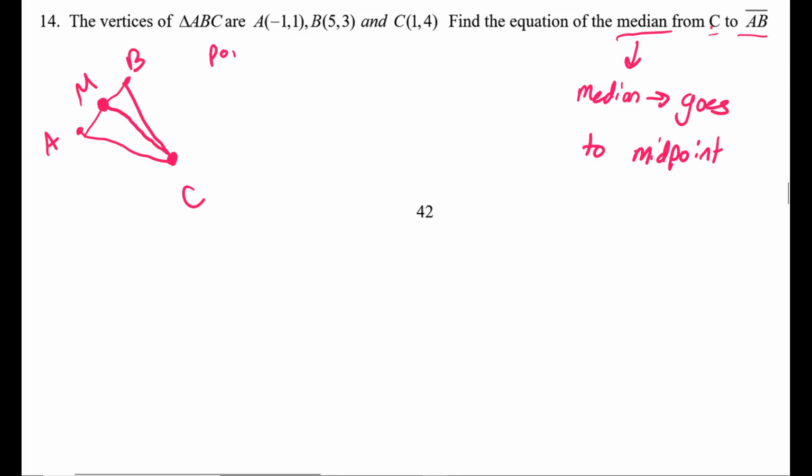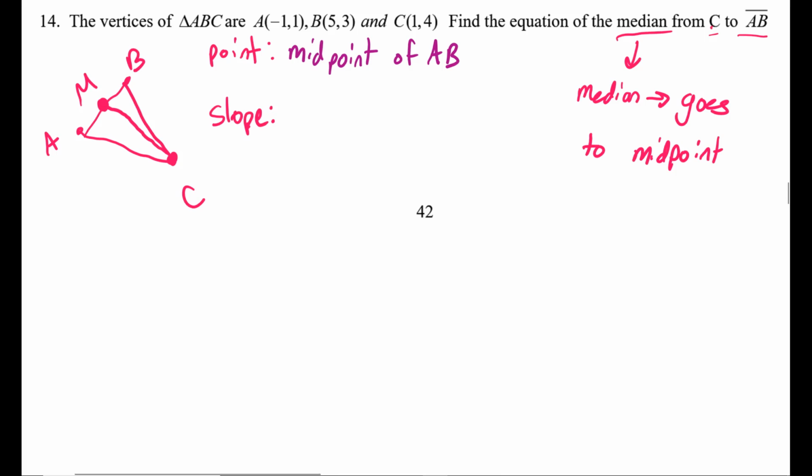Remember, we always need a point and a slope if we're finding the equation of any line. And it looks like the point that we could use here is either C or this M right here. But in order to find this M, we need to first find the midpoint of AB, and we could find that using the midpoint formula.